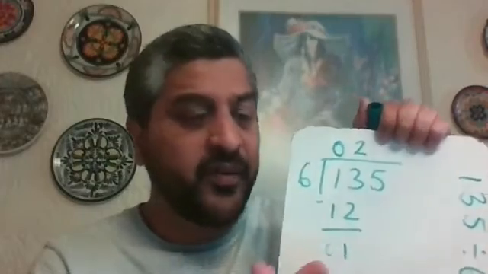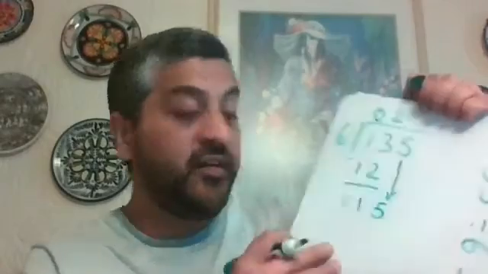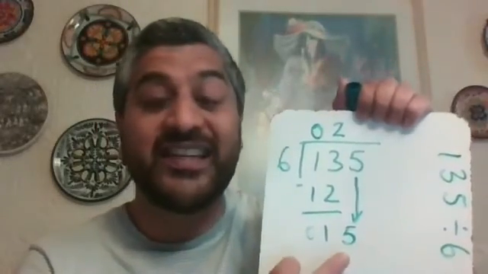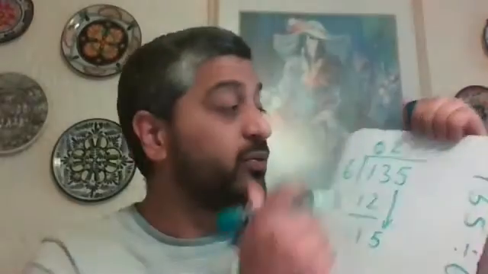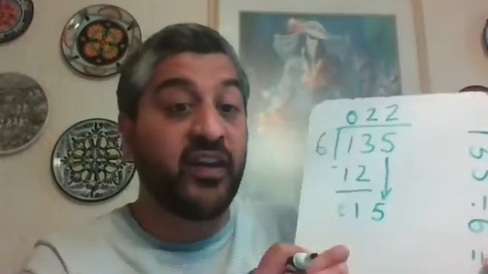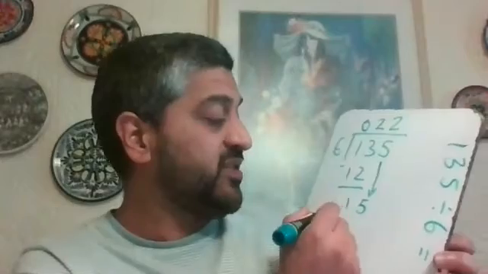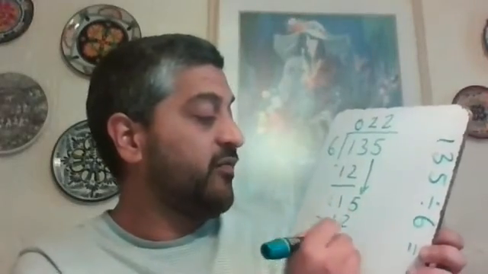But now, where am I going to put that 1? I need to combine it with the 5. So I'll draw an arrow bringing that 5 down, because now we're doing 6 into 15. Well, same again, because 6 times 2 gives me 12. We can't go past 15, remember? So we'll do the same step again to find our remainder. 15 take away 12 gives me 3.